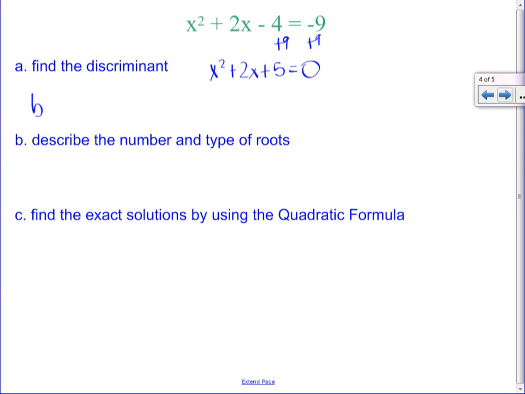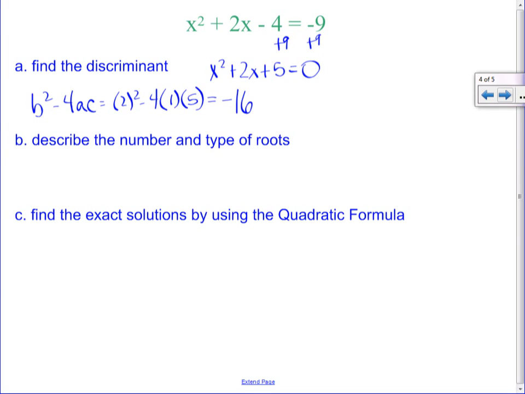Okay, discriminant, b squared minus 4ac. So we've got 2 squared minus 4ac. Is it negative 16?